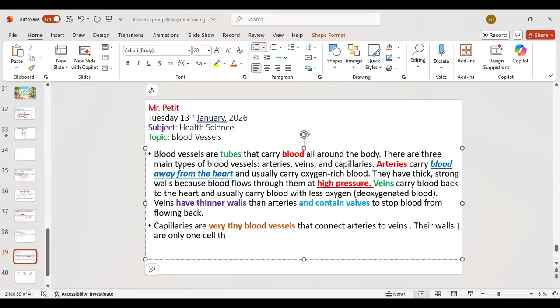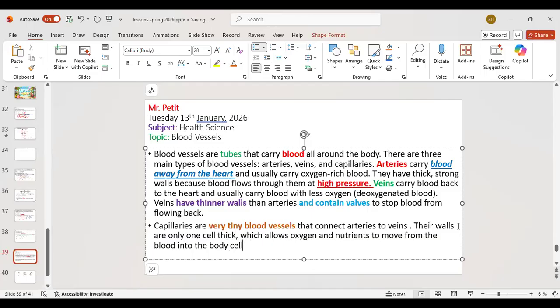Being only 1 cell thick allows oxygen and nutrients to move from the blood into the body cells.